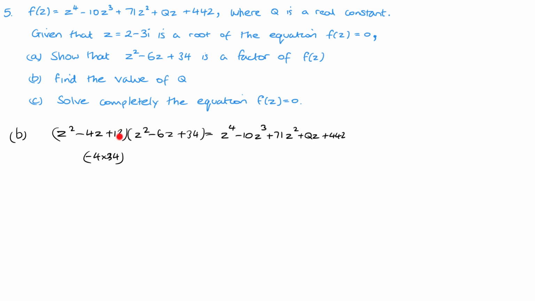The other way is the 13 times the minus 6z there. So it's also the 13 times the minus 6, and that's obviously going to equal my q. And that means that q is going to be equal to minus 214. Okay, very straightforward there. Nice easy part B.